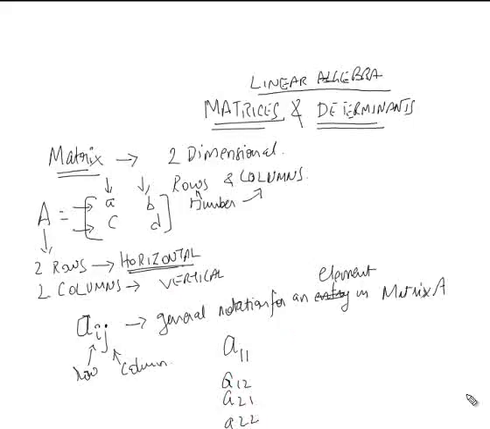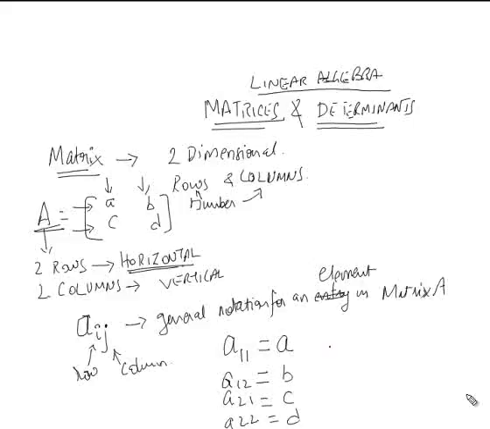With reference to our example, what is A11? I refers to row, J refers to column, so A11 is the first row, first column entry. A12 is the first row, second column entry. A21 is the second row, first column entry. A22 is the second row, second column entry.